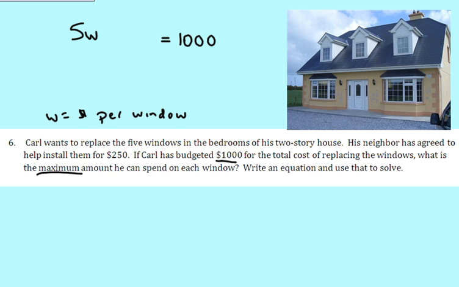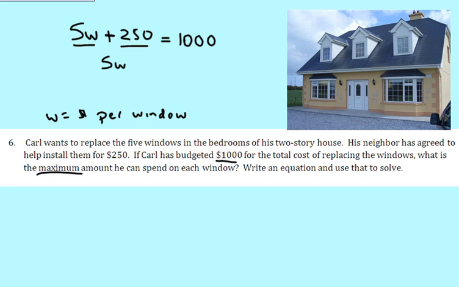But you can't just divide 1,000 by 5 because the neighbor's going to do it, but he's going to cost $250 to do it. All right, so the 5 windows plus $250 has got to equal $1,000. Now it's plus because this is your cost of the windows plus the cost of your neighbor. That whole thing is going to equal $1,000.